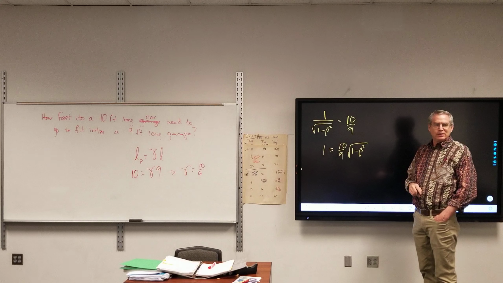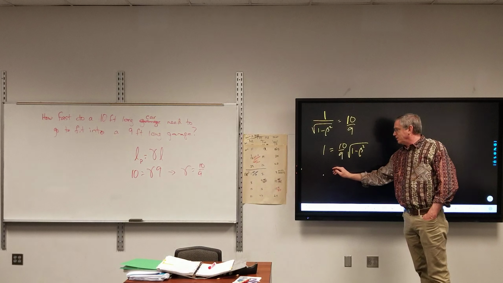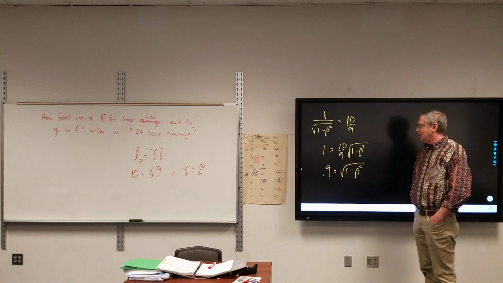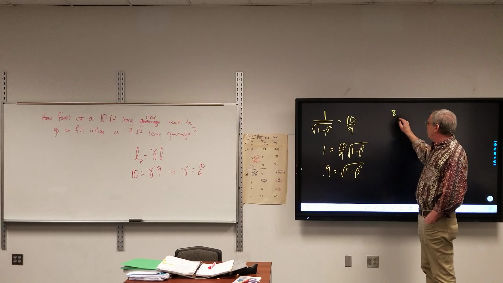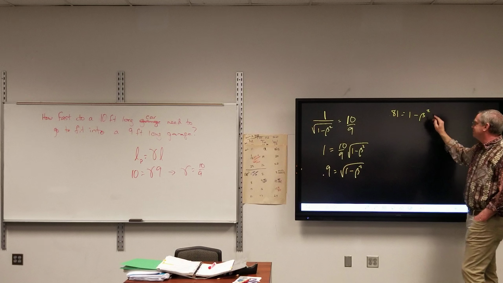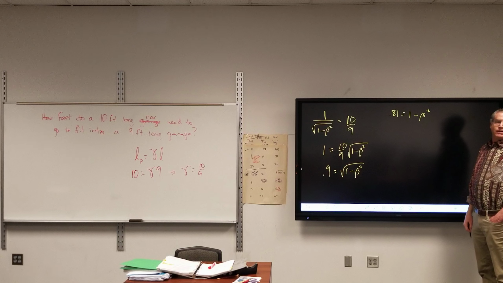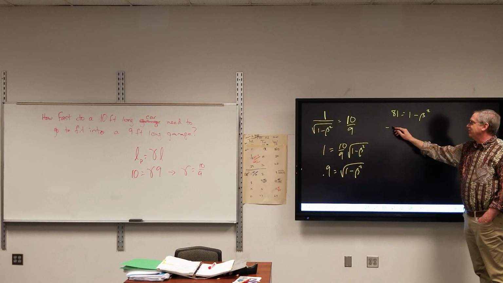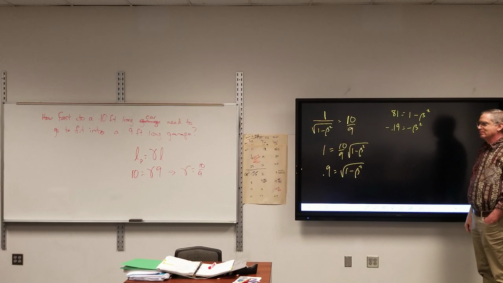And then divide by 10/9. So 0.9 is equal to the square root of 1 minus beta squared. And then square everything. So 0.81 is equal to 1 minus beta squared. And then just subtract over the 1. Yeah. So negative 0.19 is equal to negative beta squared. And then square root.